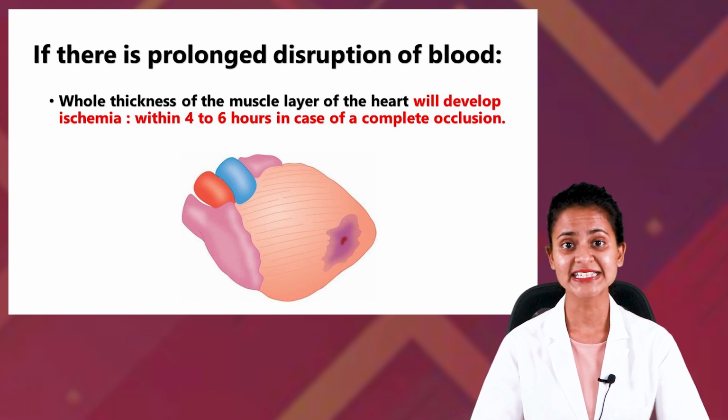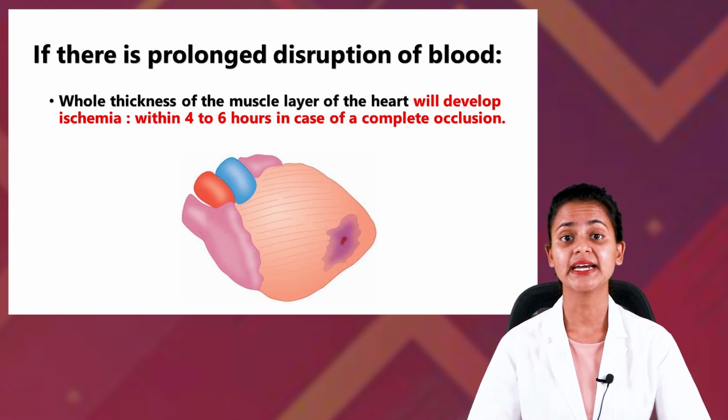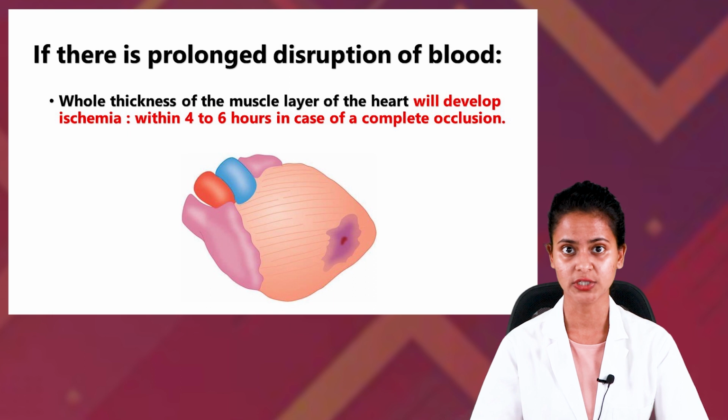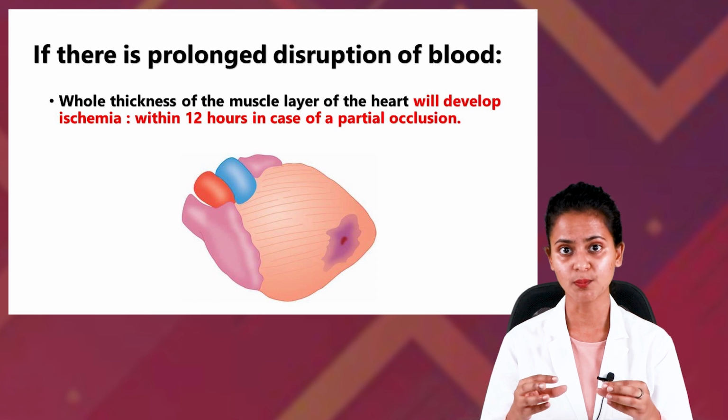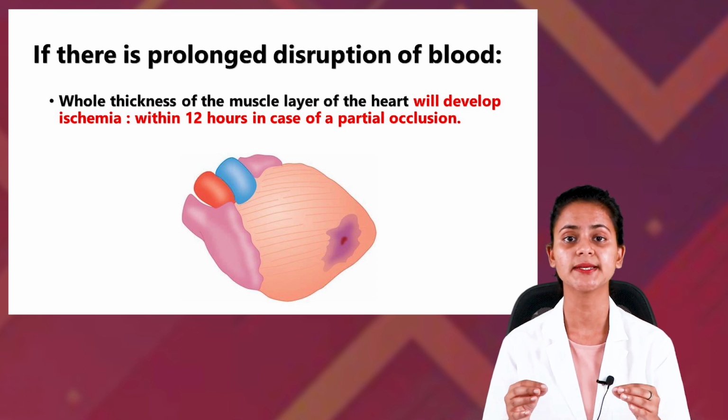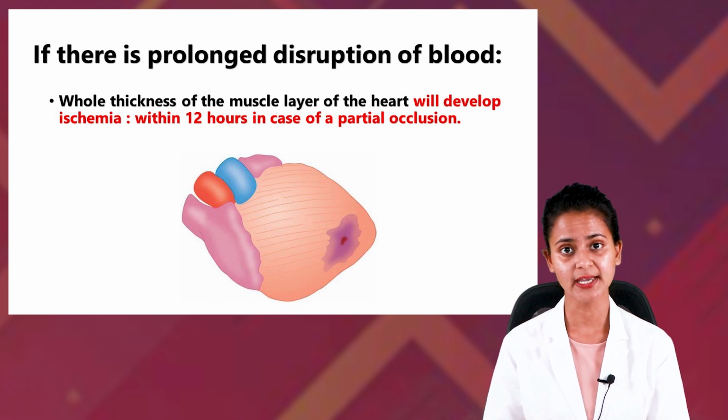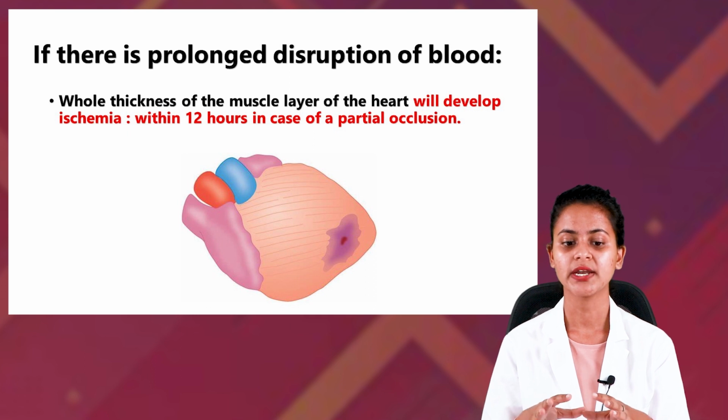So I hope you understand that intervention needs to be done at a very high pace for a client who has a partial or complete occlusion of the coronary arteries. It is considered that if a major artery is completely blocked, it takes approximately 4 to 6 hours for the entire thickness of the heart muscle to become necrosed.